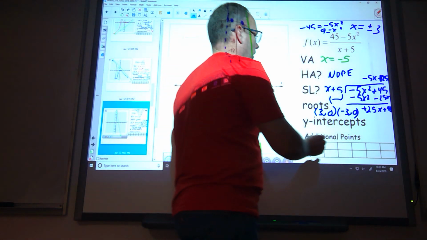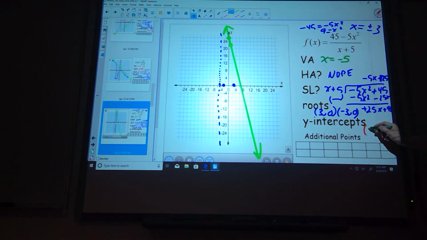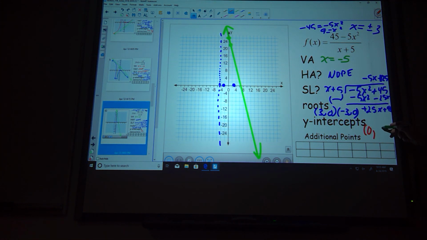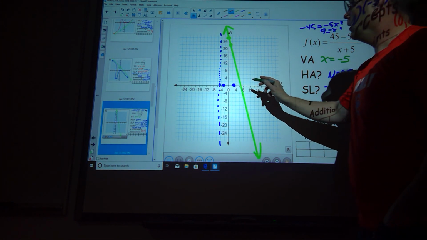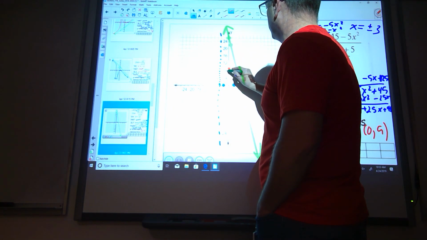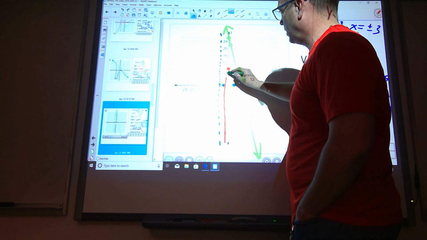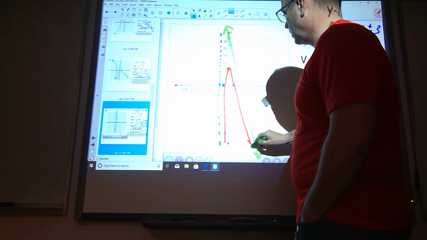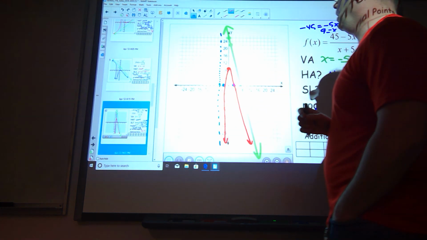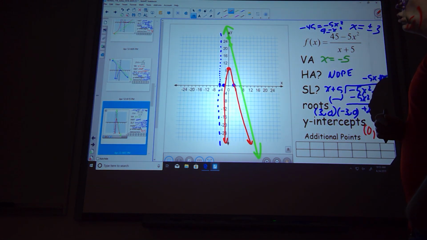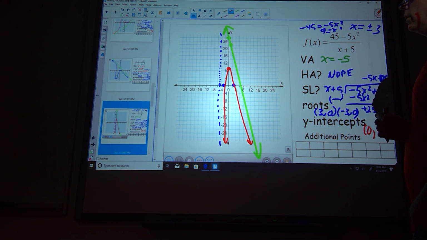Y-intercept, plug 0 in for x. So I'm going to get 45 over 5, so 0 comma 9. Oh, this is a pretty graph. I'm so proud of myself. All right, so this is going to do this. And what's going to happen on the other side?